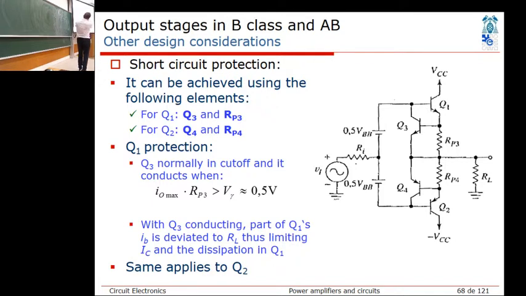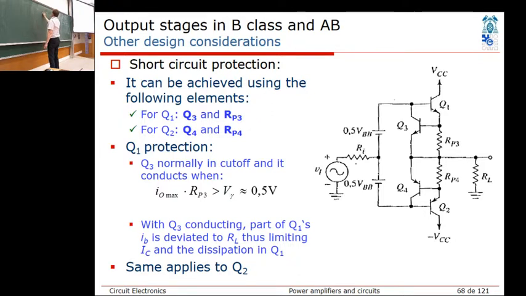You are basically reversing those, and Q3 actually starts drawing the base current out of Q1 if the current goes too high on that transistor. So that's a protective element there.